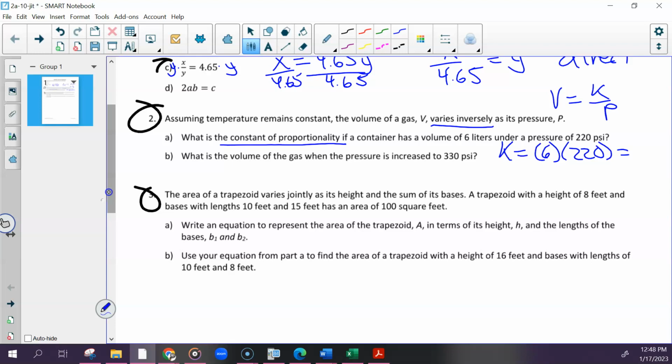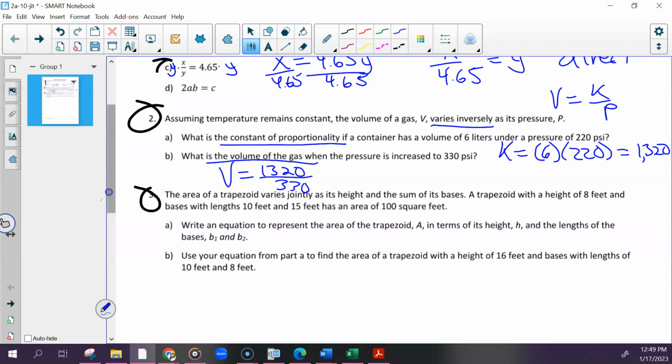Yes. Then in this next part, the volume of the gas is what we're looking for. So we know K, we know P, put those in and find V. That's a rhyme. I didn't mean to rhyme, it just happened.